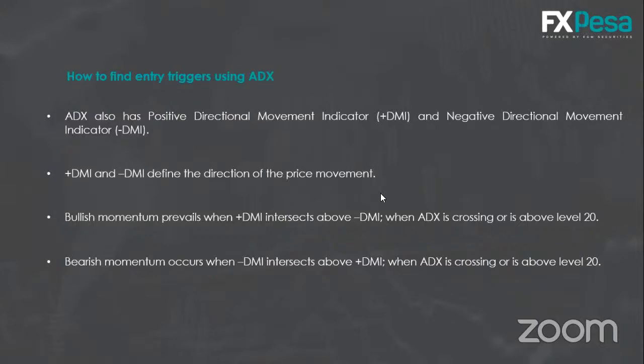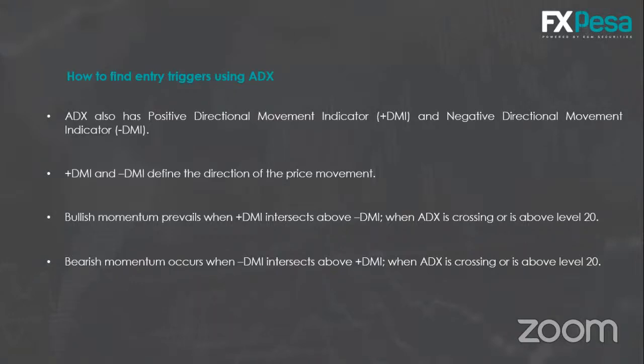Based on the reactions on these other two lines, you'd be able to know where the price is moving towards. A bullish momentum prevails when positive DMI intersects above negative DMI in a case where ADX had crossed above 20.